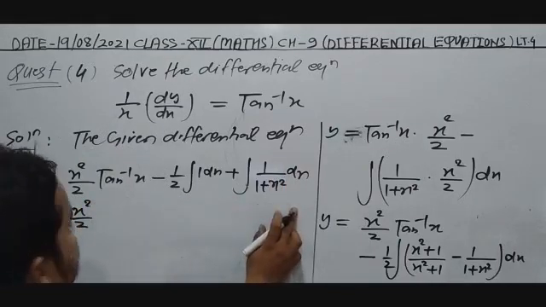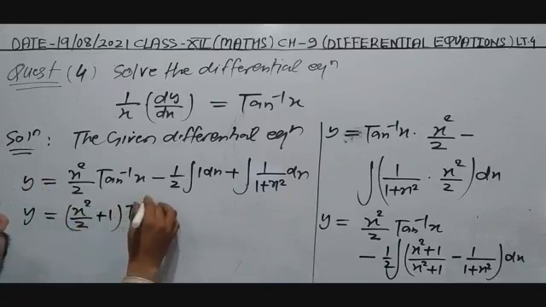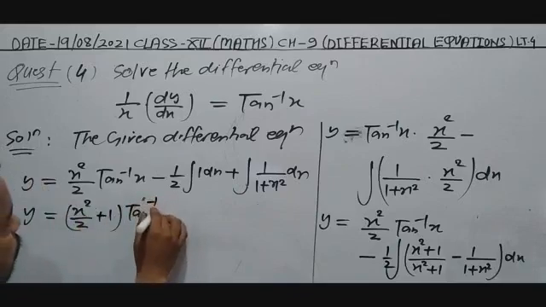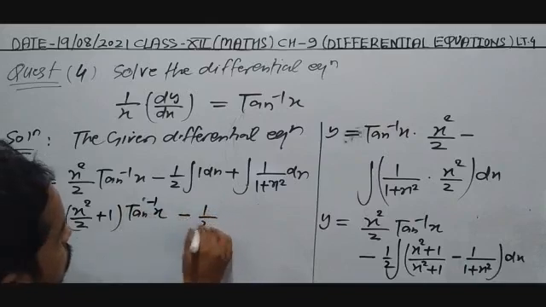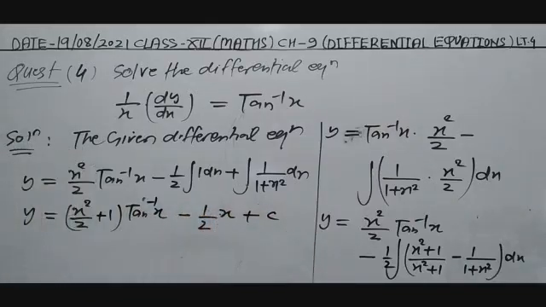This is also tan⁻¹x, so (x²/2 + 1/2) times tan⁻¹x, because tan⁻¹x is common. So minus 1/2 minus x/2, now plus c. So the answer is (x² + 1)/2 tan⁻¹x minus x/2 plus c, which is required.